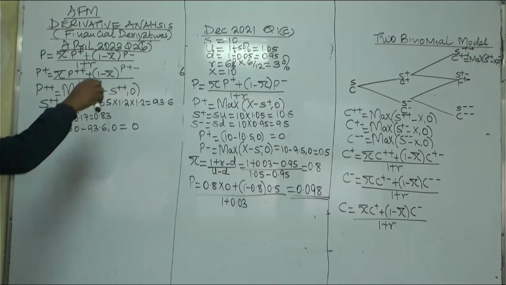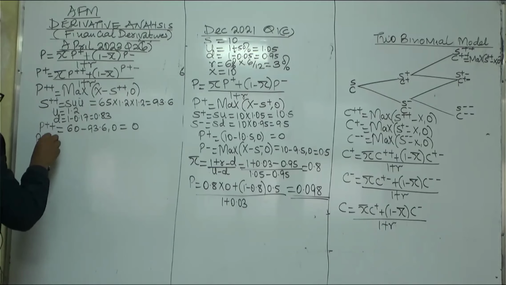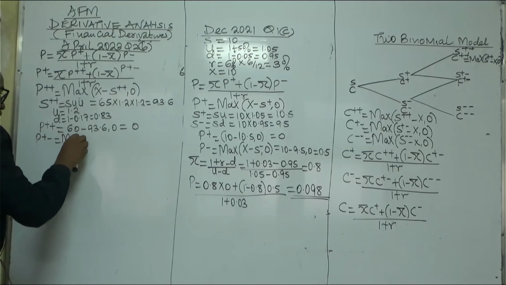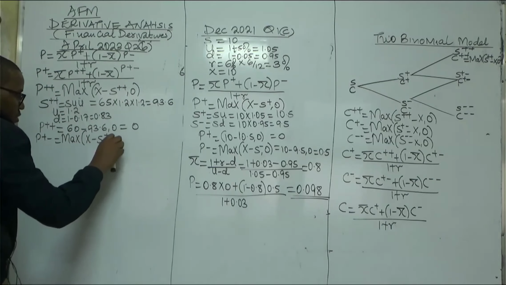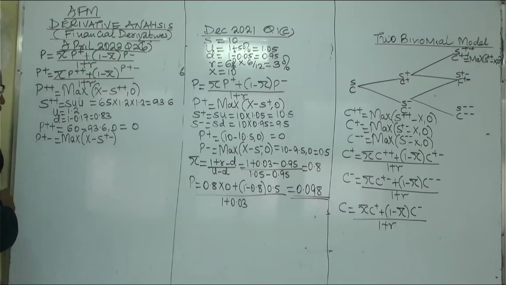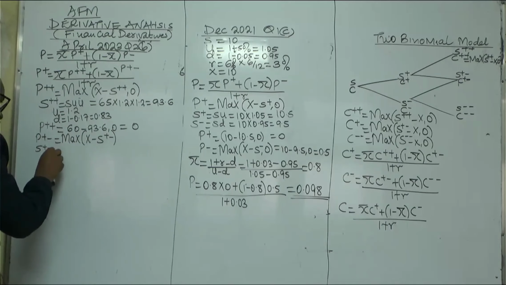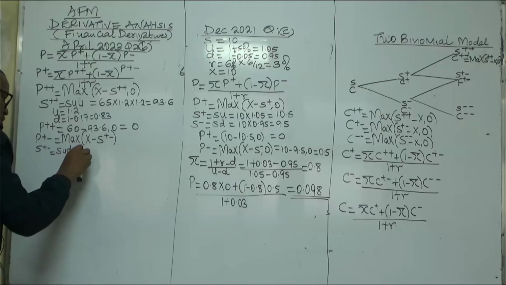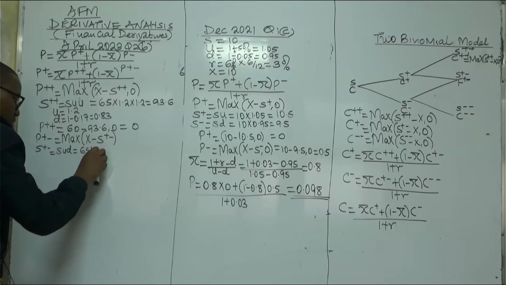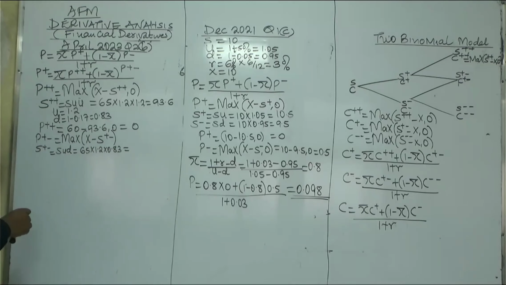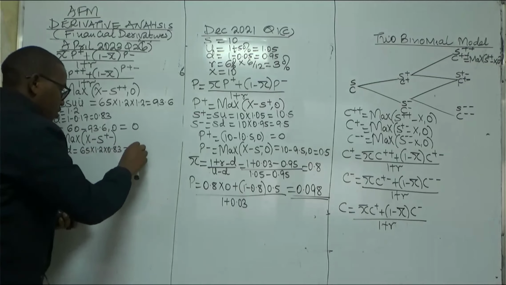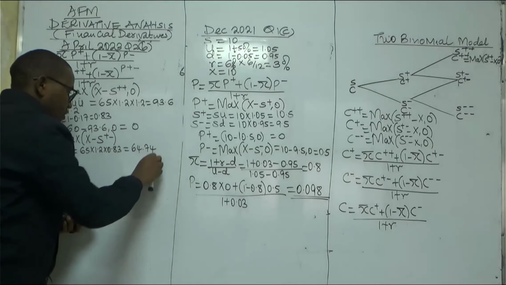We'll also need the P plus minus, which should be the maximum of the exercise price minus S plus minus. S plus minus is SUD. So it will be 65 times 1.2 times 0.83. This is 64.74.